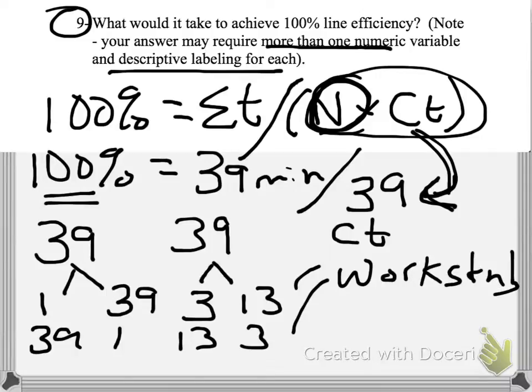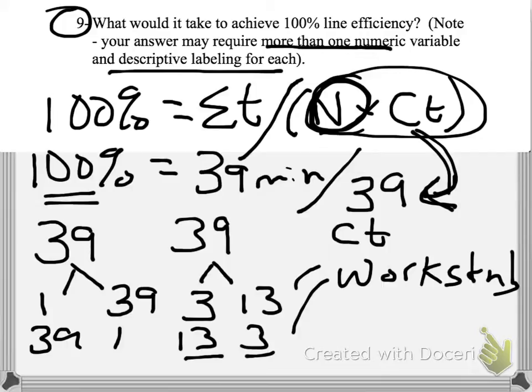And our answer sheet did allow for us to pick them independently. We could look at 3 workstations and a cycle time of 13 minutes, or 13 workstations and a cycle time of 3 minutes.